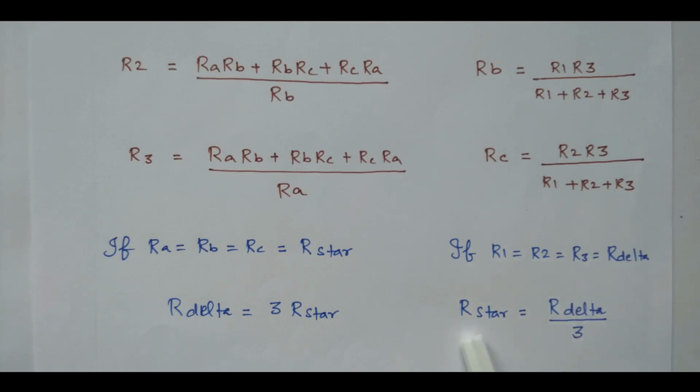Then R star equals R delta divided by 3. That is based on the expression we calculated. So you can easily remember, if all resistors are equal, you can use this formula.